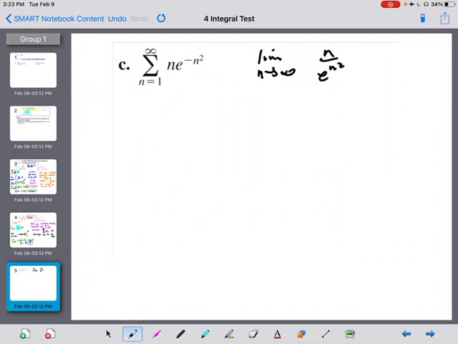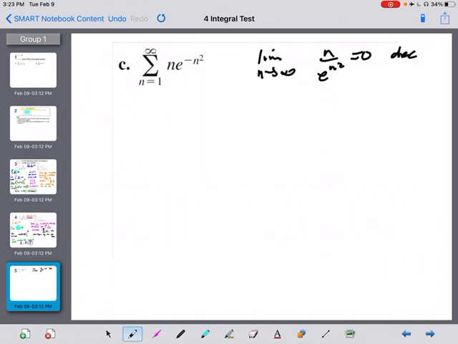You can see that the top is a polynomial and the bottom is an exponential, and we know that exponentials are going to grow faster, so therefore this does equal 0, so we know that that thing is decreasing at some point along the way. Now, if you plug in values of 1 going to infinity for n, you'll see that everything is positive and it's also continuous. So right there, those three things, we're good to go.